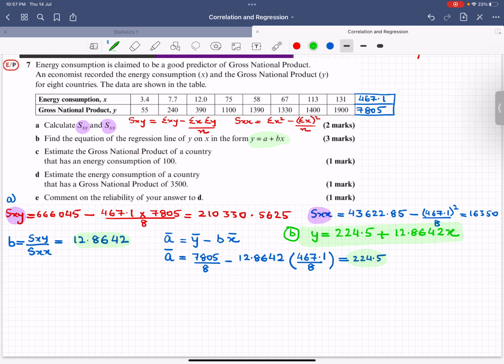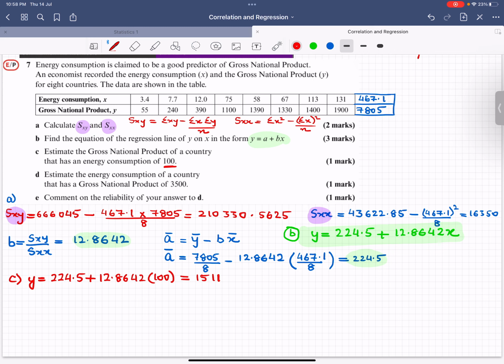We use the equation of regression line: 224.5 plus 12.8642 multiplied by the x value, energy consumption of 100, and that gives us the y value, or gross national product, of 1511, which is a rounded answer. So that answers part C.